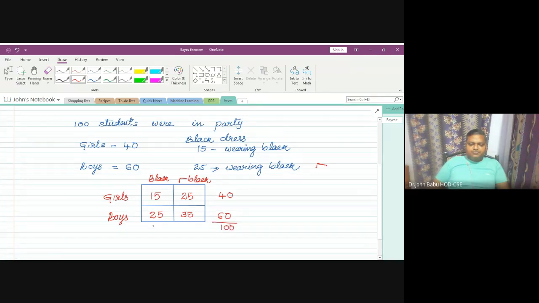Total black is 40. Total not black is 60. These are the numbers, so from these numbers we can calculate the probability.